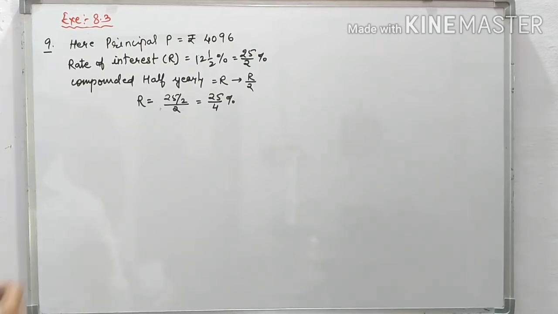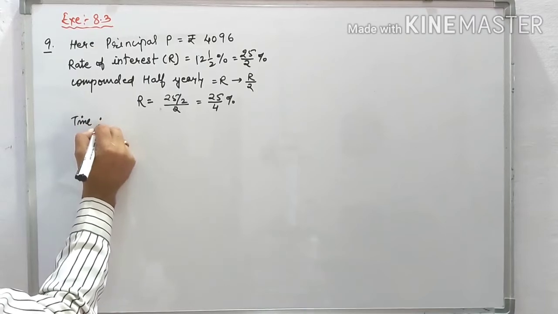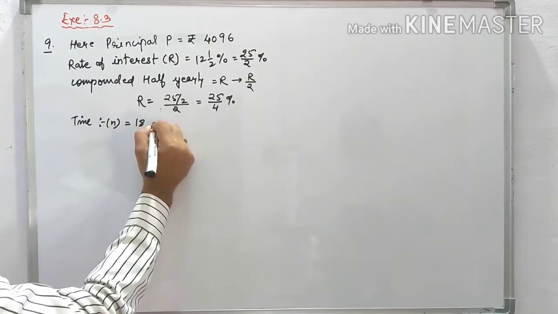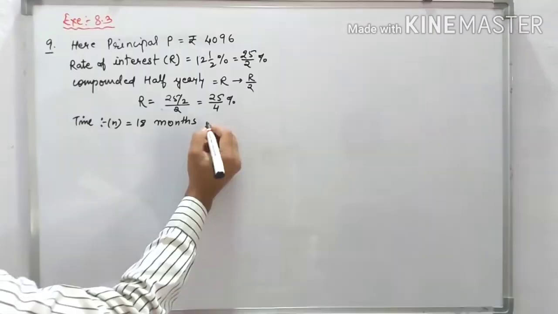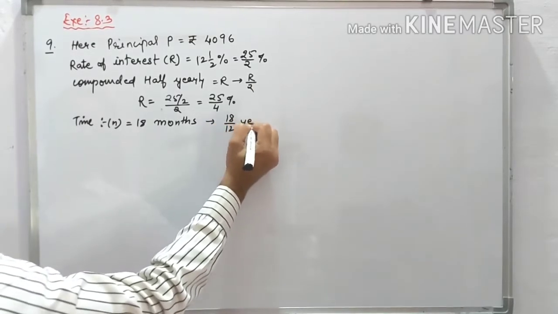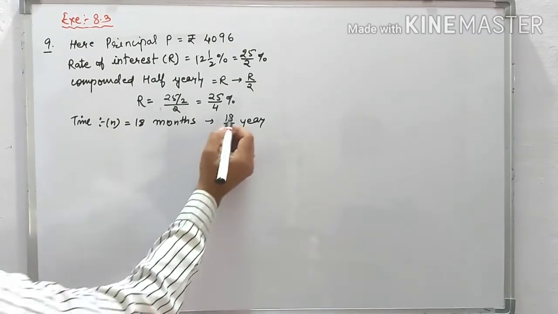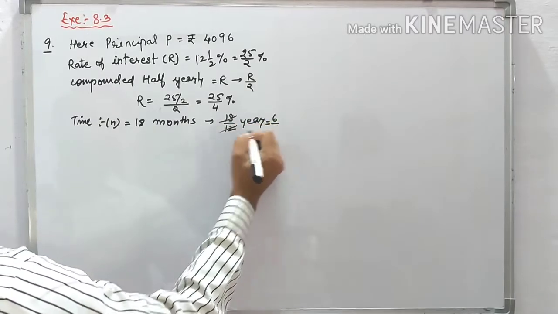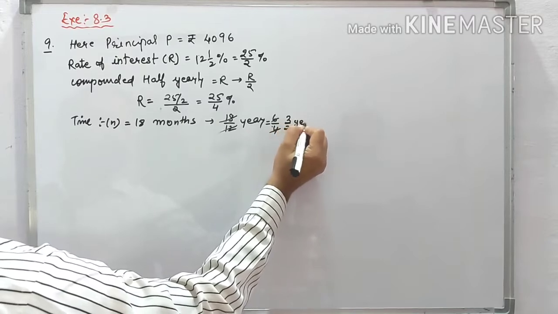Then the time n is given as 18 months. Converting 18 months into years, it is 18/12 years. After cancellation, 3 sixes are 18 and 3 fours are 12, so it is 3/2 years.